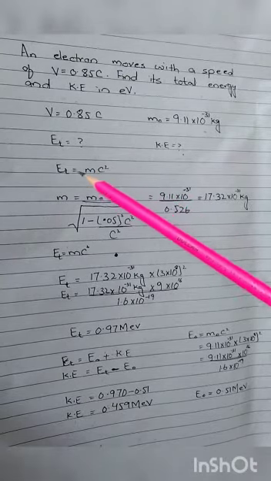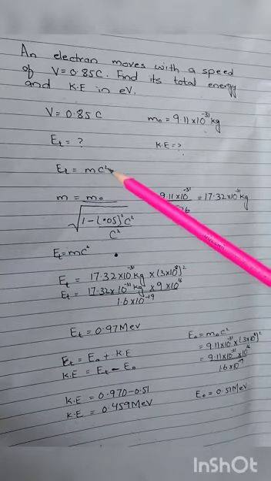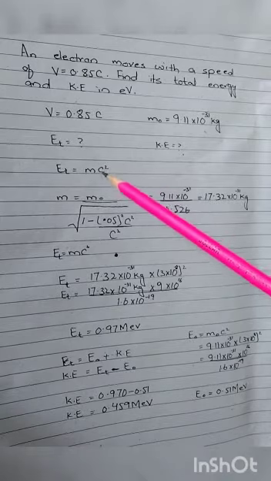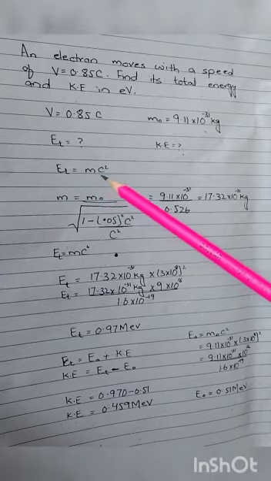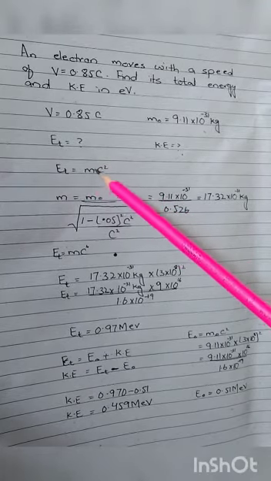By using this formula, the total energy of the electron is equal to the relativistic mass multiplied by the square of the speed of light. By using the formula E is equal to mc square, you calculate the total energy of the electron. Here you use the relativistic mass.